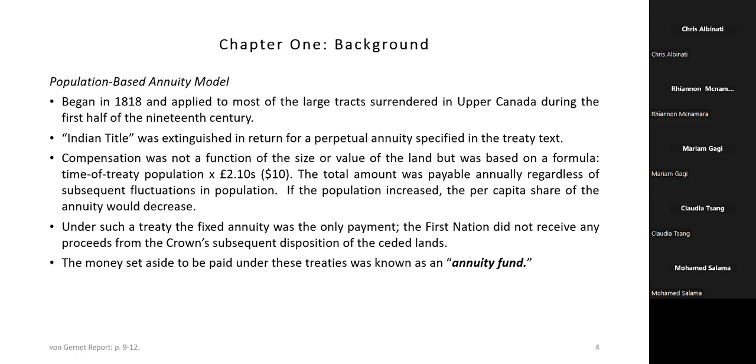That's correct. Right. So now some of these treaties had provisions for diminutions as opposed to augmentations. They never had an augmentation, but they had provisions for diminutions, and these varied from treaty to treaty. Basically, if your population decreased to a certain threshold, at that point you would no longer get that full amount that was cited in the treaty.